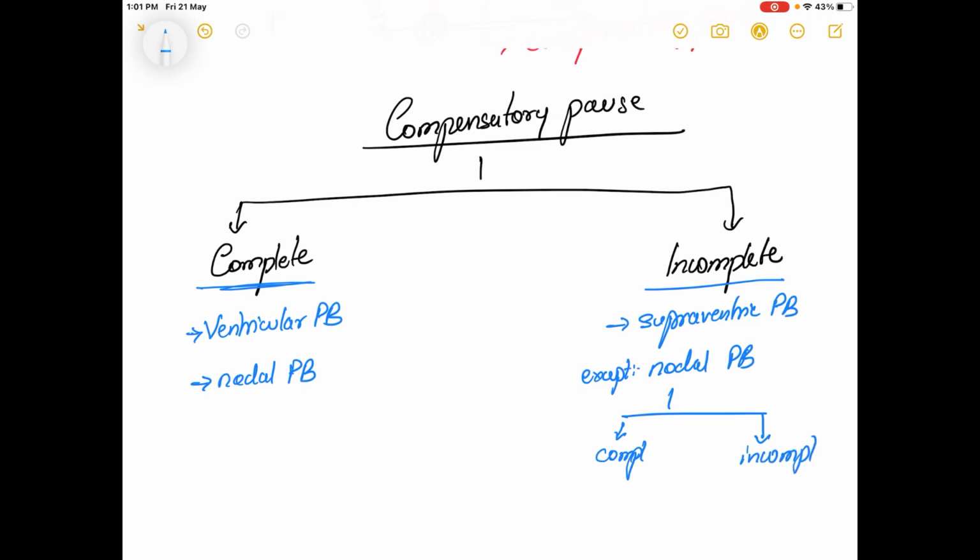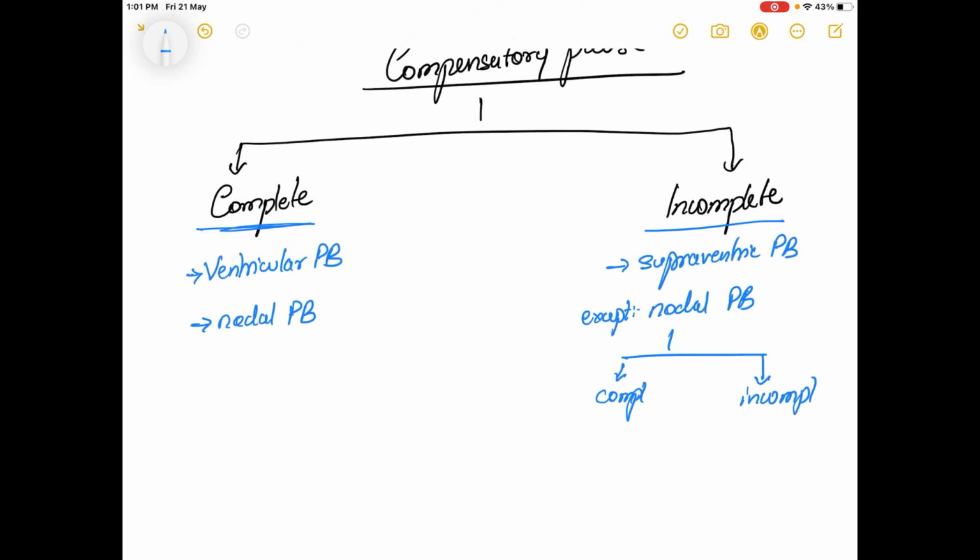So let's see why there is complete compensation in ventricular premature beats and incomplete compensation in supraventricular premature beats.